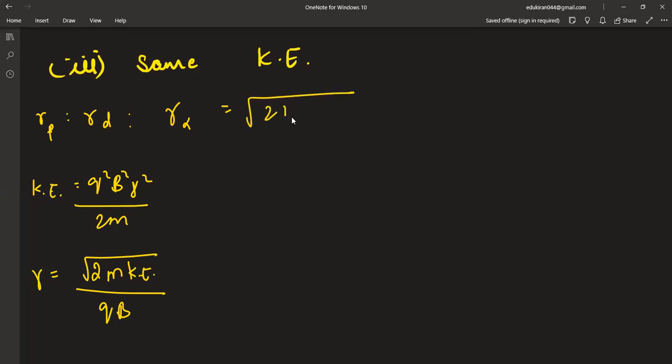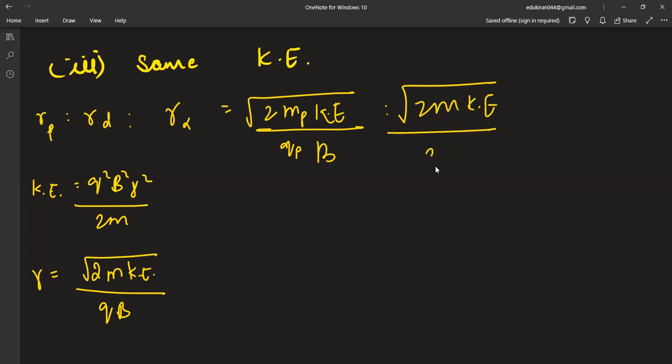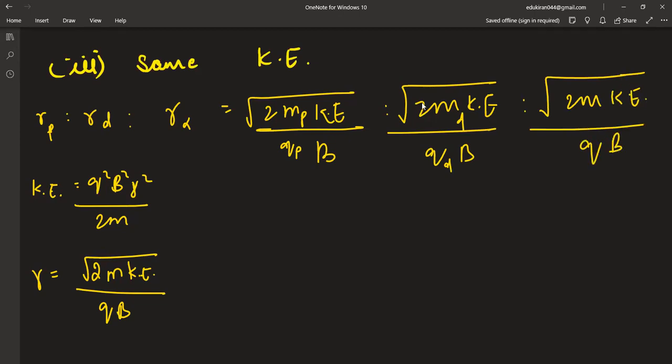Now in terms of this, place everything. Under root 2, mass of proton, kinetic energy same, by charge of proton into magnetic field is 2 mKE by qB. Mass of deuteron, charge on deuteron is 2. Mass of alpha, charge of alpha.